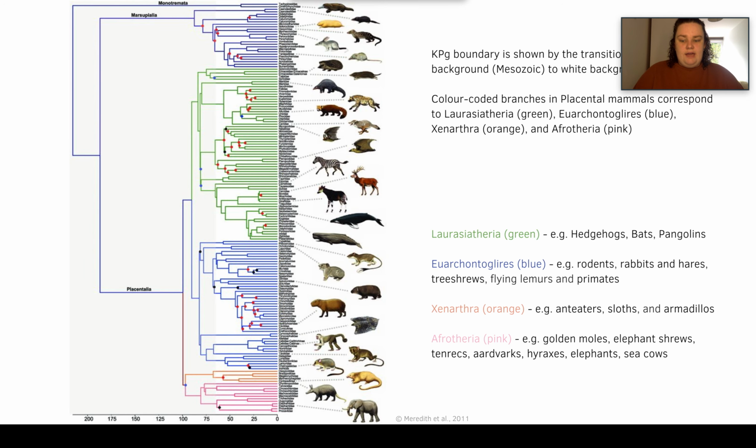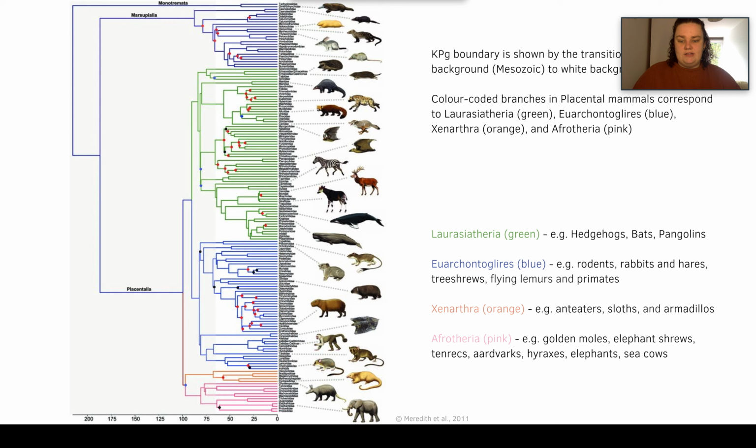So here is a really, really useful cladogram on the different mammals, and it's very faint, but the KPG boundary is shown in like a grey background. So quite a lot of these mammals all have origins somewhere in the KPG, but after the non-avian dinosaurs died out, mammals were left with this opportunity, really, to just absolutely go ham and diversify.